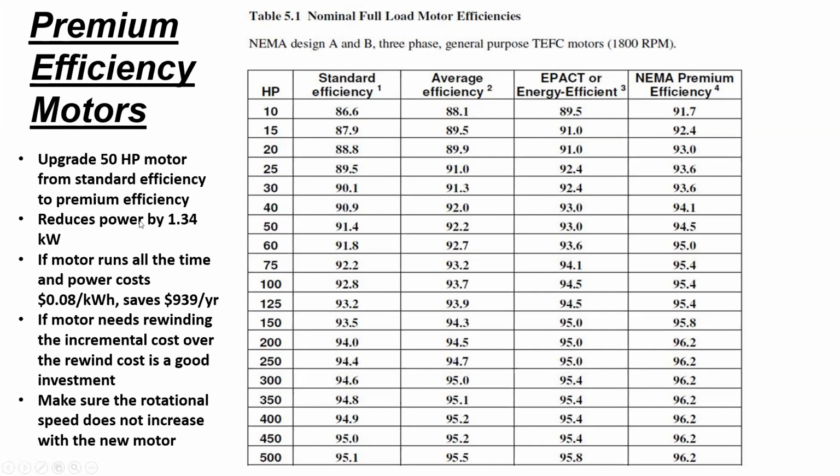So we gain some efficiency, which gives us a reduction in power use because the motor works more efficiently in the same condition. Let's assume it works all the time in a year, at 8 cents per kilowatt hour cost of electricity. We're talking about saving about $939 per year just by upgrading a motor from standard to a more efficient one.